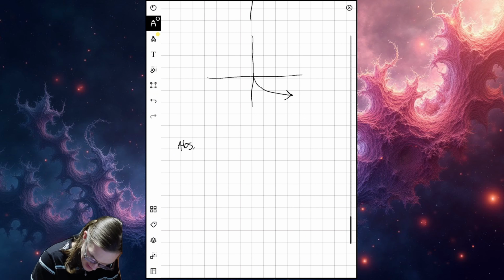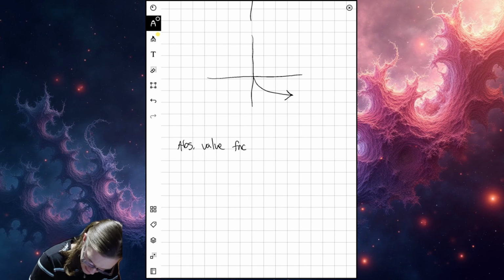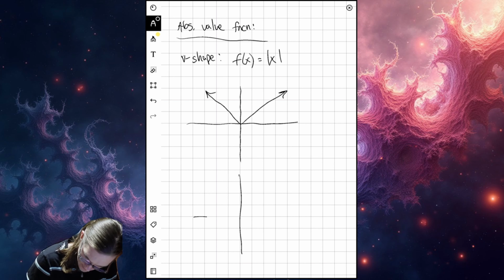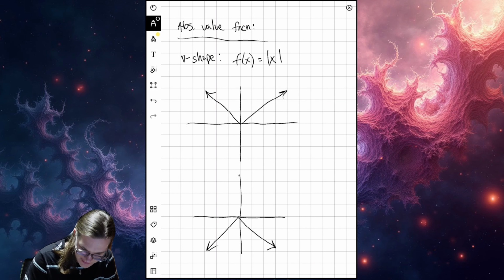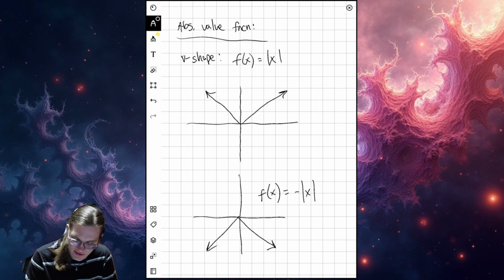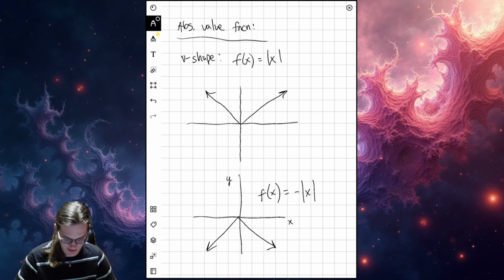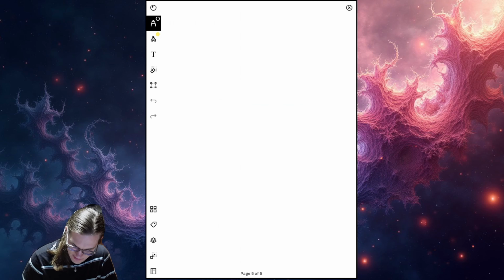And then the absolute value function has that V shape to it, like that. Or it could be negative. Might be wondering how, if it's absolute value. Well, if you have this, then all the negative values that go in are going to become positive, but then there's a negative sign in front of that, so it's going to get flipped over the x-axis, and they will all become negative. So those are some common basic functions that you'll see.